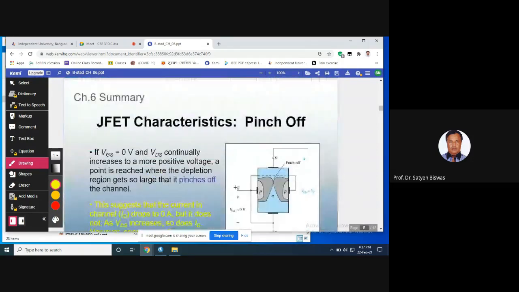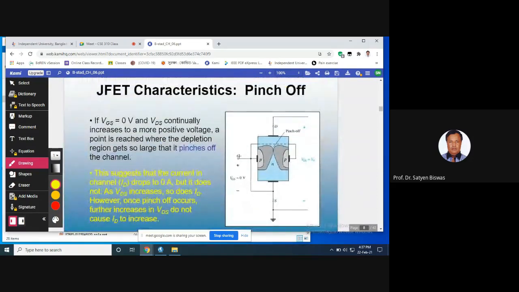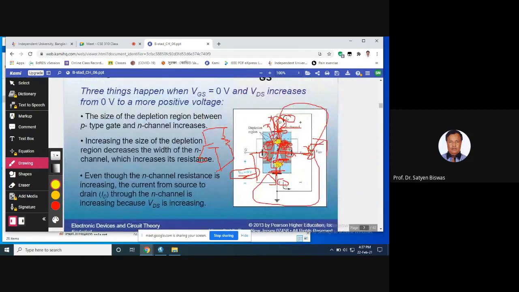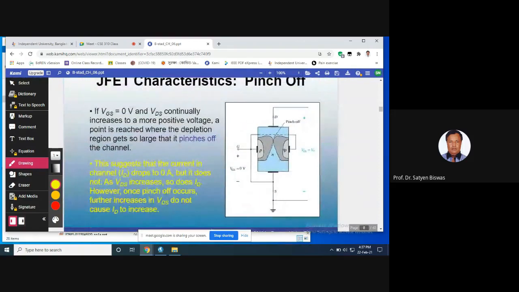If we don't have questions, okay, then move to the next. Now you see what happened. If we increase the voltage gradually, then what happened? At a certain point, you see here, they will touch each other and will be blocked. This phenomenon is known as pinch off.